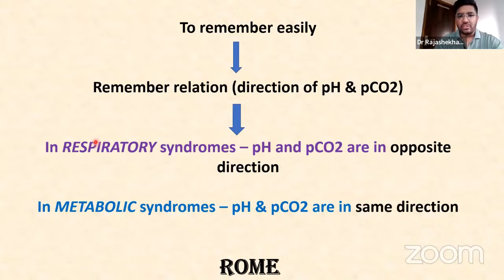So remember the relation: it is the direction of the pH and PCO2. This is not the relation between bicarbonate and pH, and not between bicarbonate and carbon dioxide. It is between the pH and PCO2. So in respiratory disorders, the pH and PCO2 are in opposite directions, whereas in metabolic disorders, the pH and PCO2 are in the same direction.